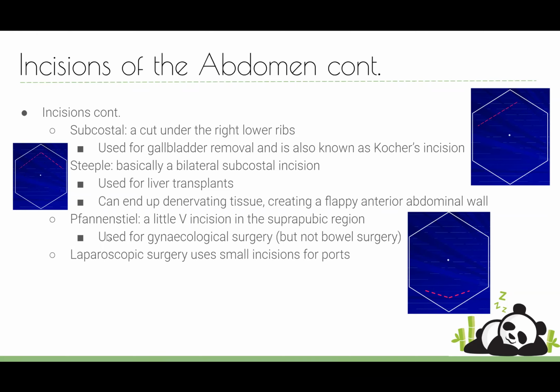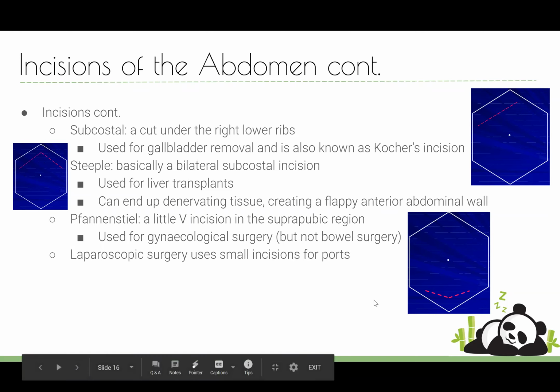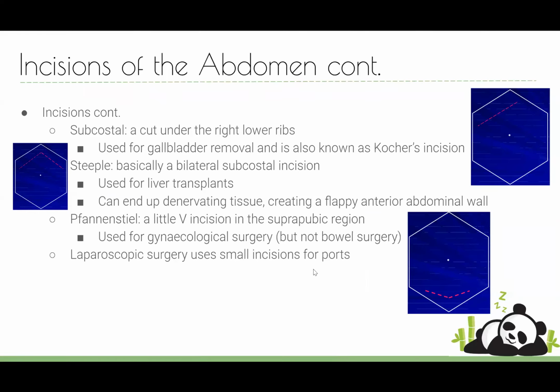The Pfannenstiel is a little V incision in the suprapubic region used for gynecological surgery rather than bowel surgery. And then laparoscopic surgery means they use small incisions for ports where they put cameras and their tubes and their sticks for cauterizing things.